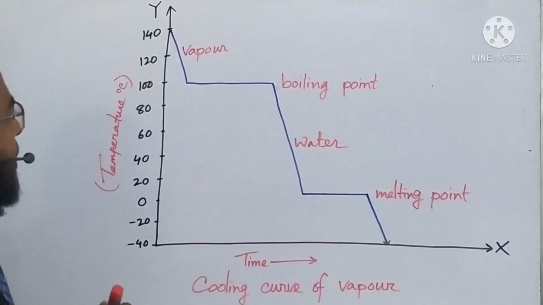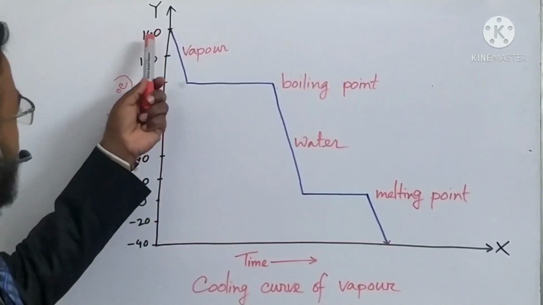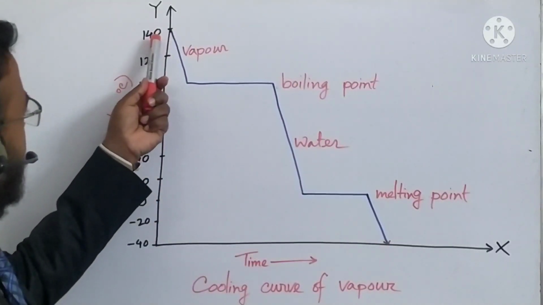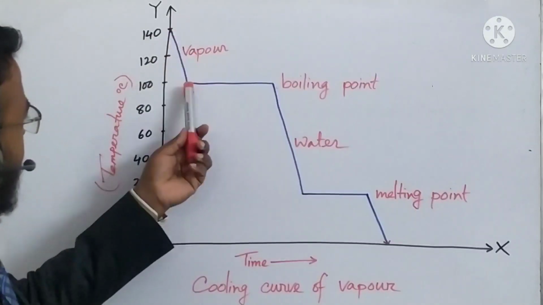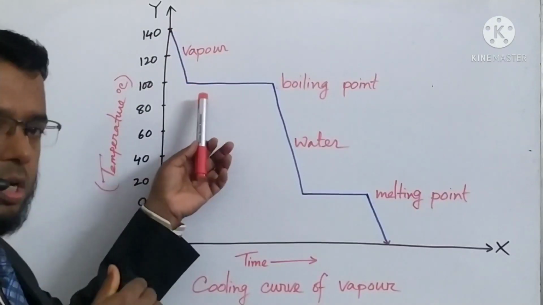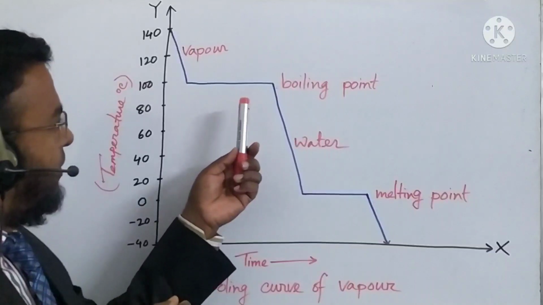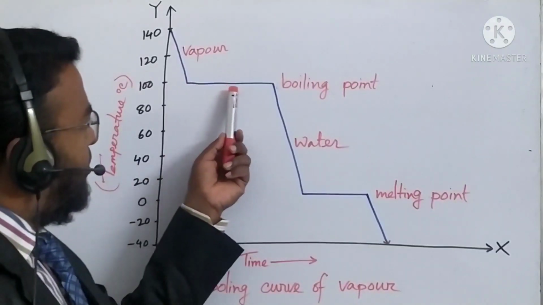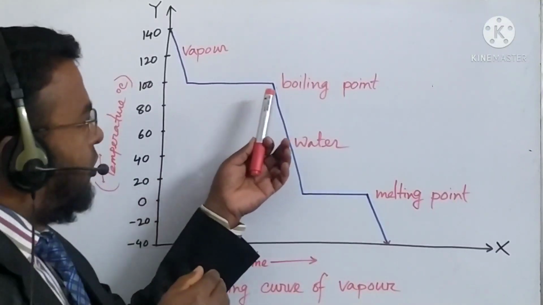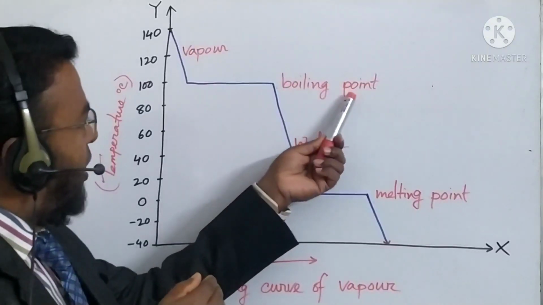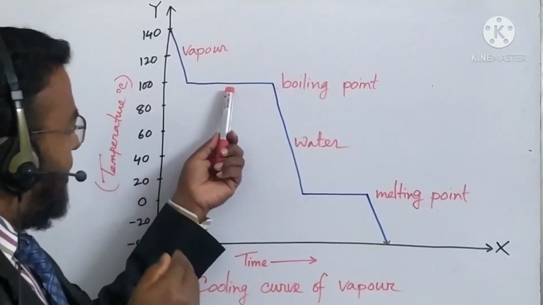So the starting temperature is 140 degrees. When it comes down to 100 degrees Celsius, it starts boiling. So the boiling point of water is 100 degrees Celsius.